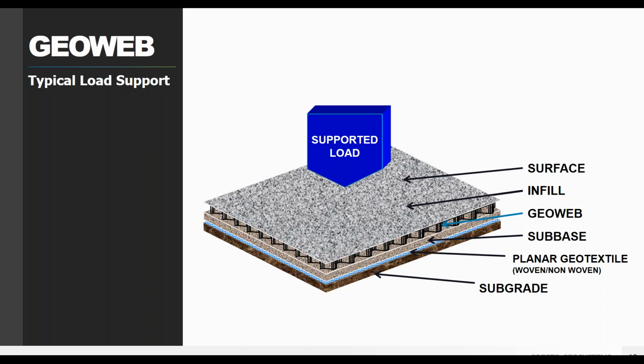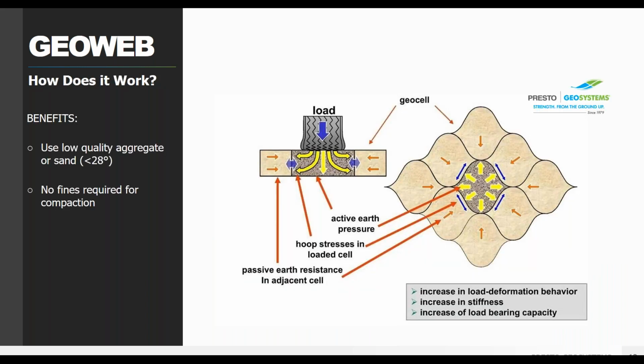So one last little bit of technical knowledge here is going to be about how the GeoWeb 3D system works when a vertical load is applied. And so this is going to have the active earth pressures in the loaded cell, which in this case is going to be that center cell. So the active earth pressures in that loaded cell push back against the passive pressures in all of the adjacent cells to form a stable system.